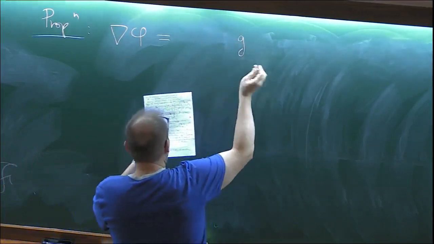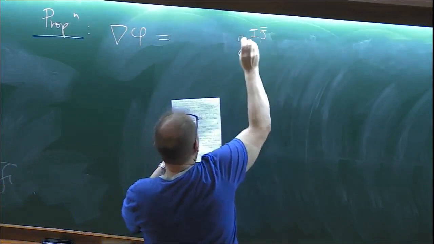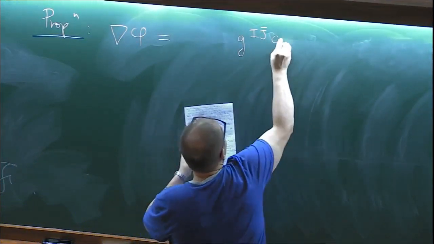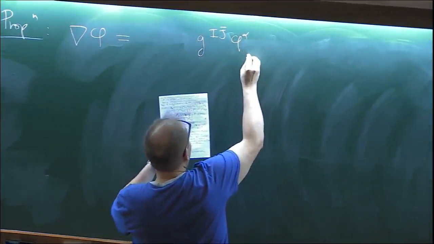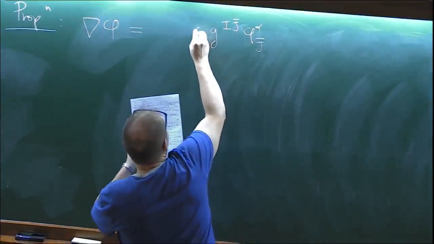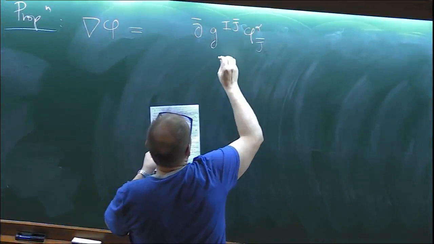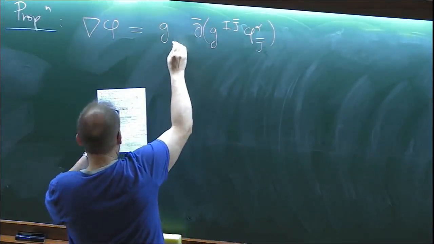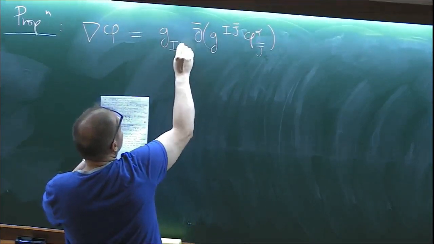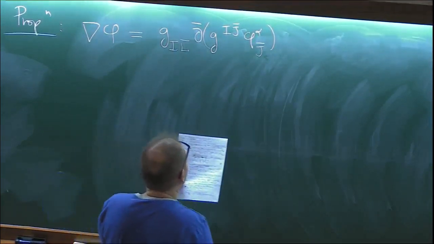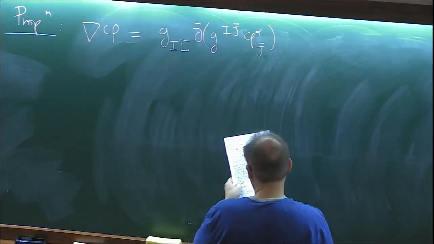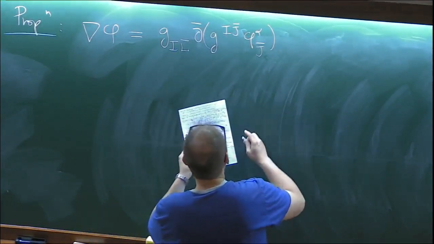So that will be, say, g I j bar phi alpha j bar, and then you apply d bar to this thing, and then you lower again, say g I l bar. So these are the isomorphisms F. Maybe I should have used g.